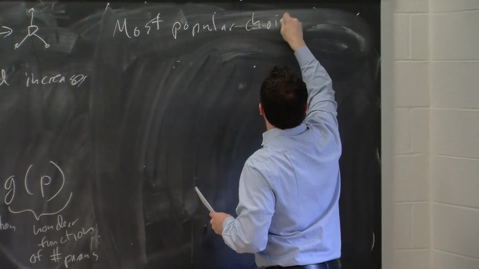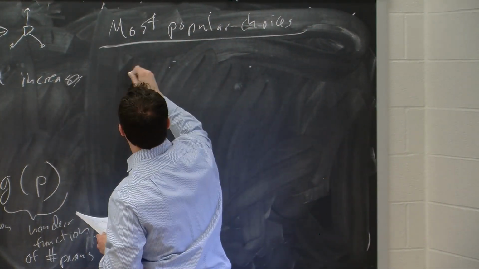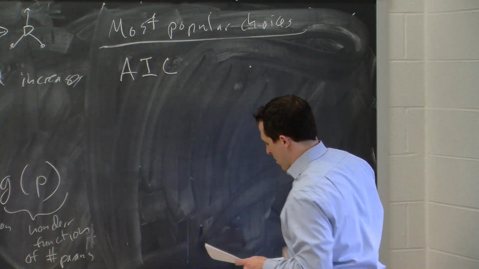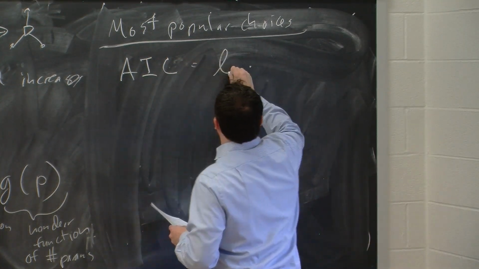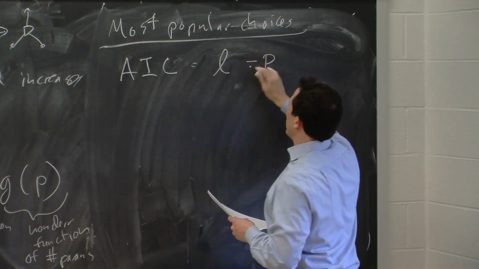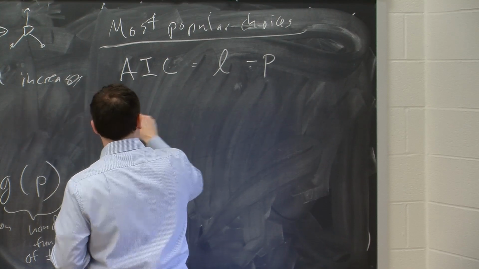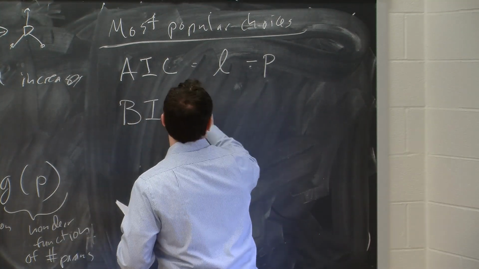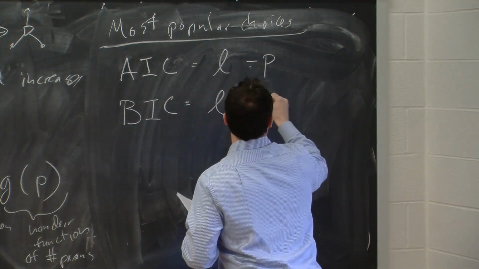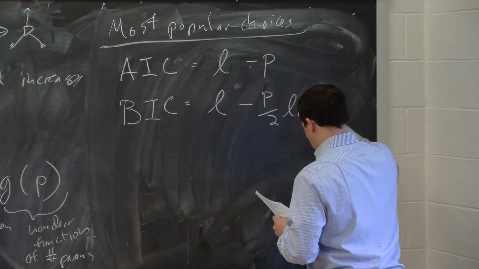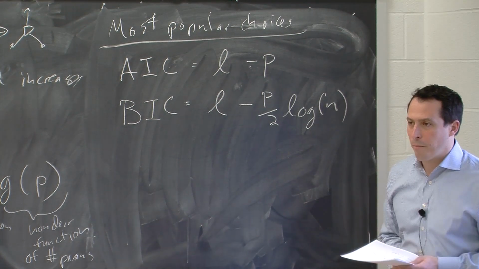And the most popular choices are fairly simple versions of that function. There's the Akaike information criterion, AIC, which is just the likelihood minus the number of parameters. And then there's the Bayesian information criterion, which is the likelihood minus the number of parameters divided by 2 times the log of the sample size.